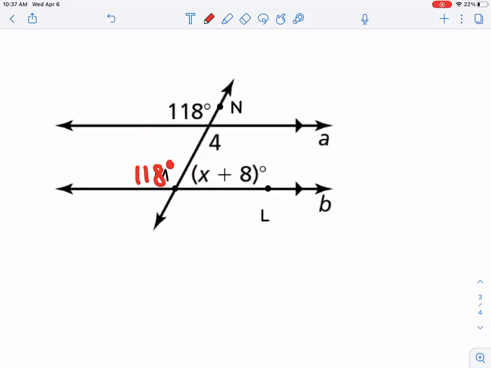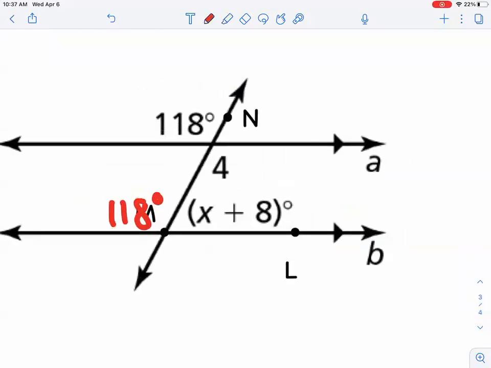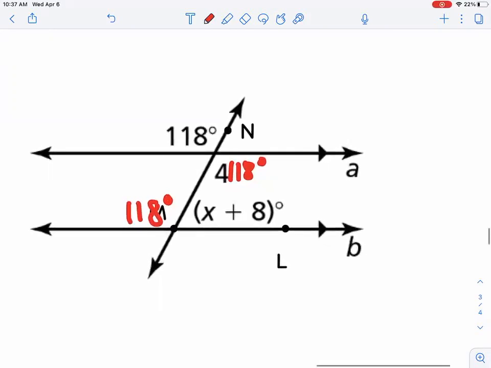I also know that angle 4, which is its vertical, is 118 degrees. But this one is not 118. Okay, because it's acute, of course, so it can't be 118, it has to be less than 90.